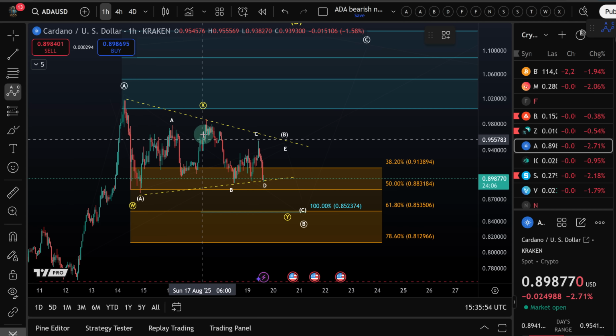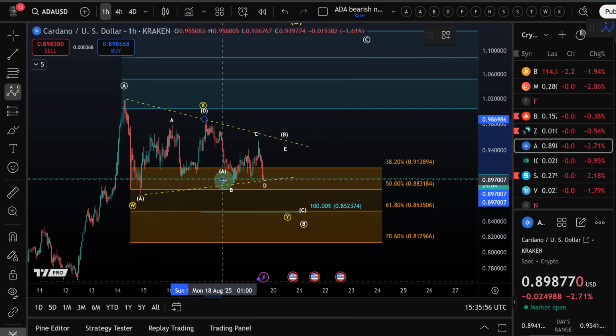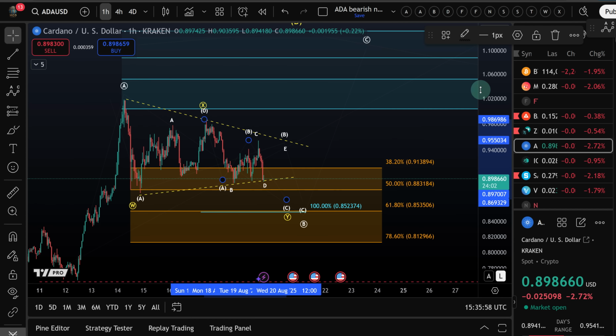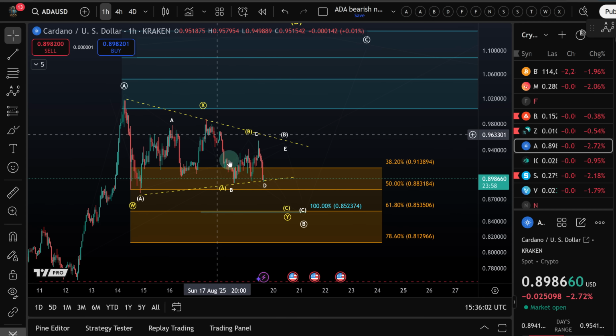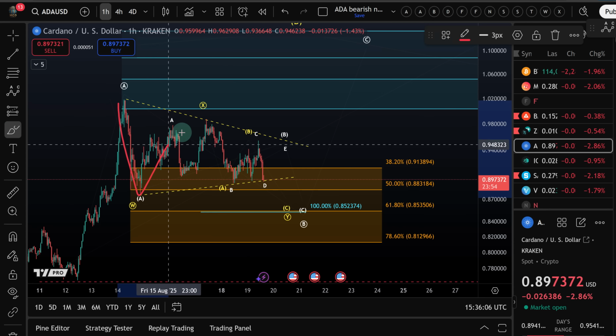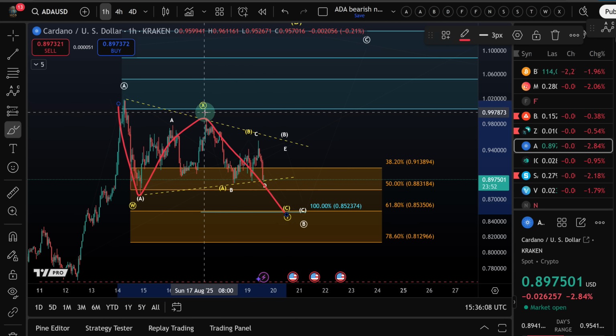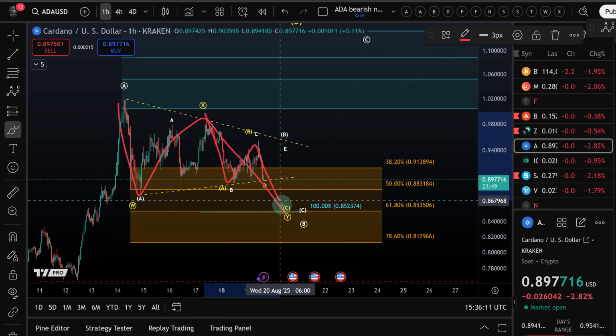That being said, on the smallest time frame, sometimes we can get false signals and distortions, so I still consider it, because of this move down, which looks more like a 5-wave move down. So it is possible to have a W, X, Y, and then the Y wave is an A, B, C.